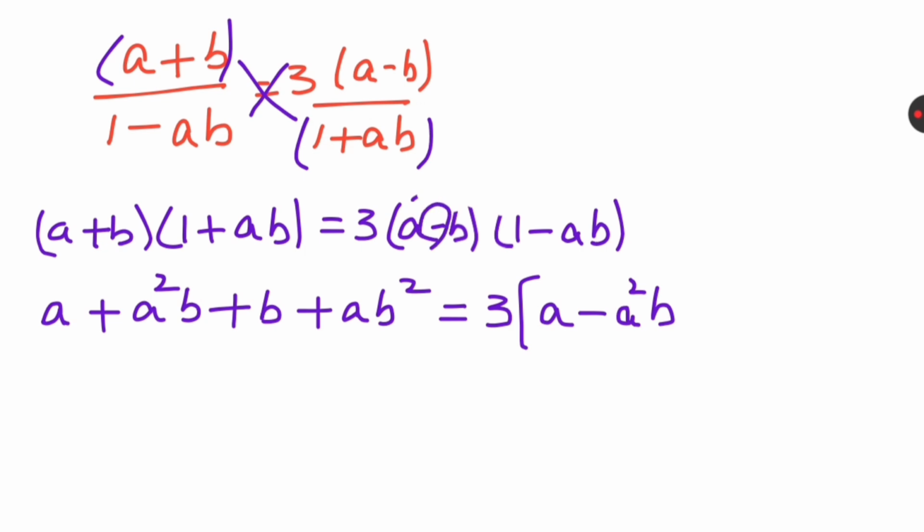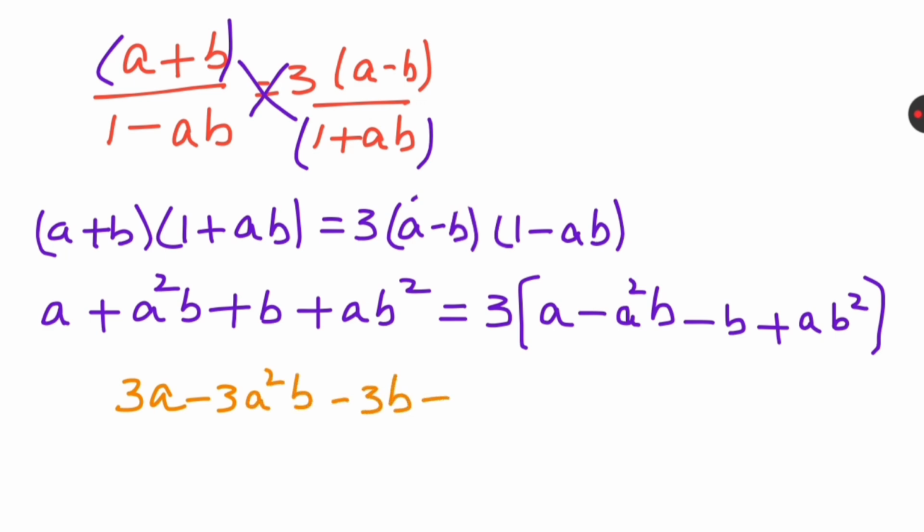Here we have a minus, so minus b times 1 which is b, and minus into minus is plus, so plus b times ab which is ab². Now multiply 3 to each and every term. Here we get 3a − 3a²b − 3b + 3ab². This is our right hand side term.